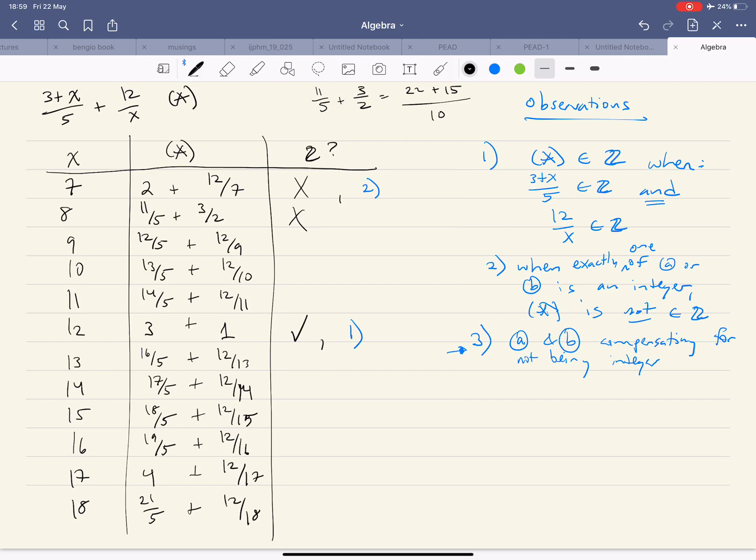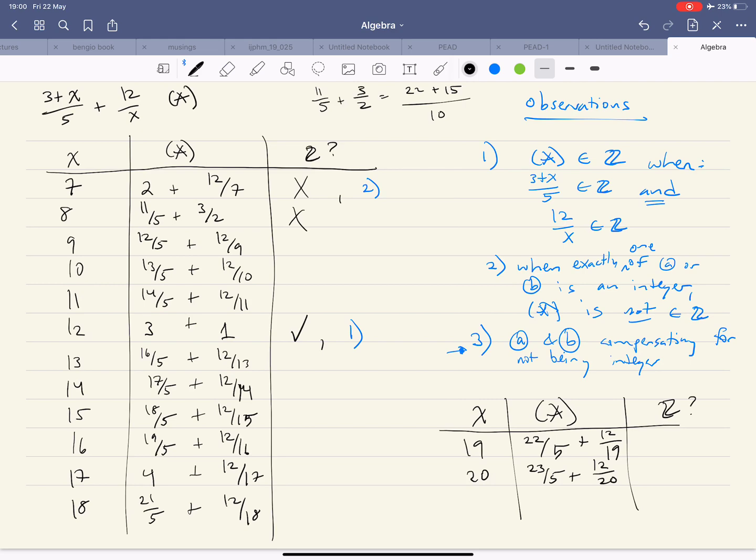And then I'm just going to write 19 and 20 over here. All right, and then we would want to check if each of these expressions that we have evaluates to an integer or not.